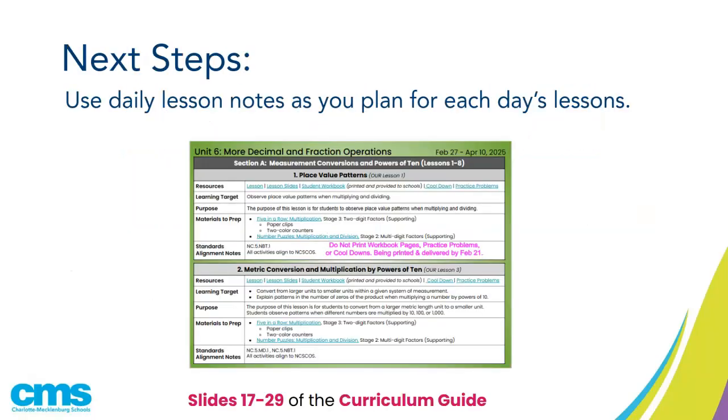And what are your next steps? As you're planning, use the daily lesson notes to follow along. It tells you what lesson it is in the book, but you really don't have to worry about that now because, yay, you're going to have your own workbook. So the workbook lessons in your new workbook will match the lessons here, and it's going to be like that all next year.